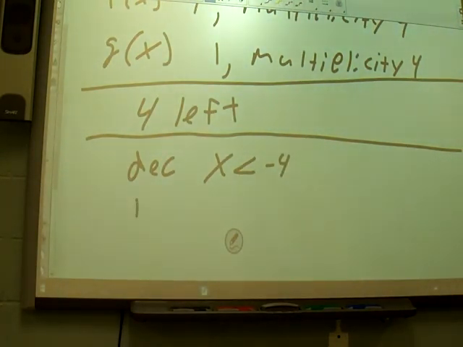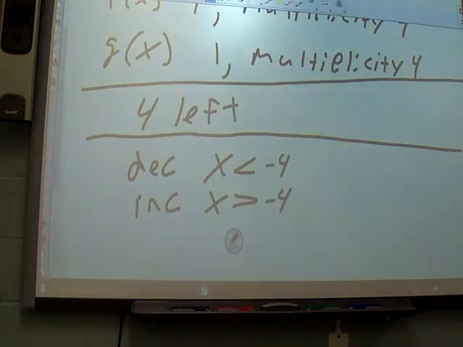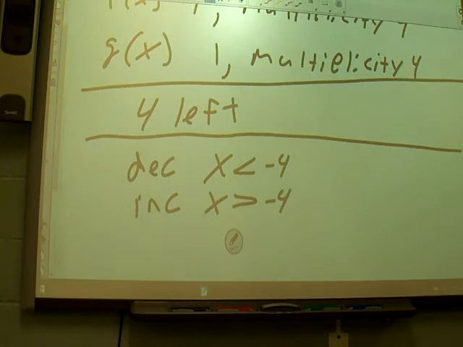And then you turn uphill and you start increasing on the right side of -4. So those are your C answers. Very good. Y'all are getting better at that.